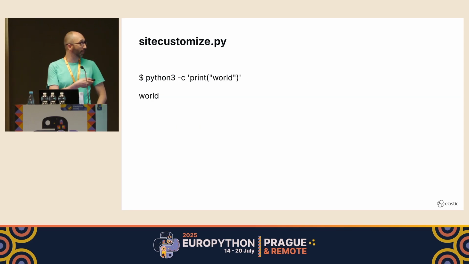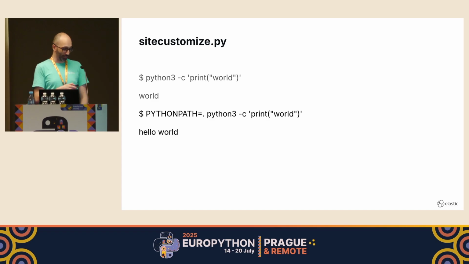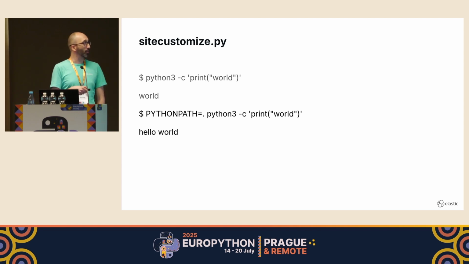Let's see a quick example to demonstrate how the sitecustomize module works. A simple print of the word. Nothing strange, I hope. Now we change our Python path, adding the current directory. If you run the same command, the behavior changes.